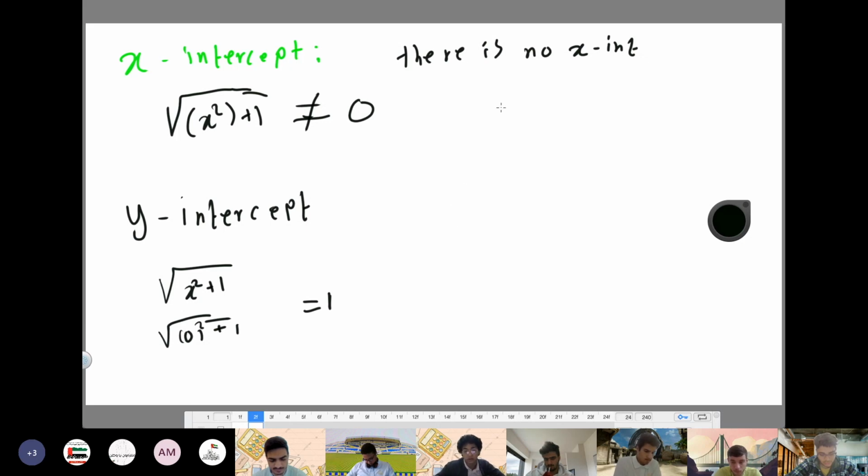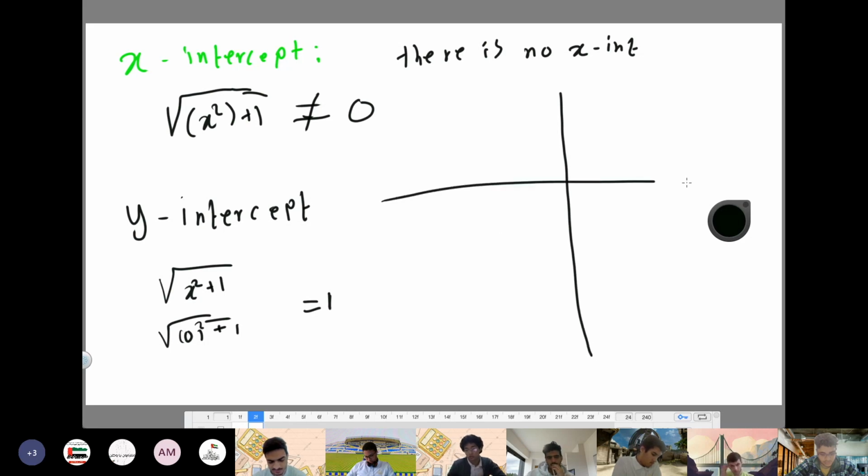So now we found that there is no x-intercept for the function, but we have a y-intercept at y equals 1. Let's try to draw it. Here's a graph. Let's suppose here is 1, 2, negative 1 and negative 2.